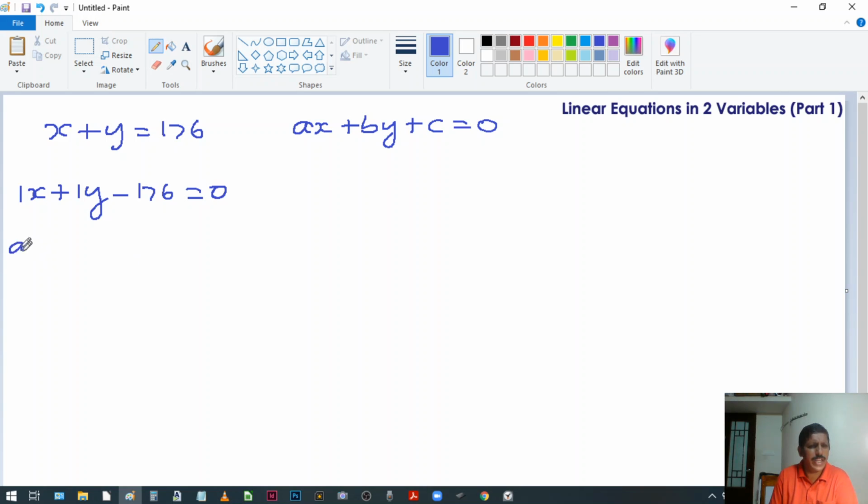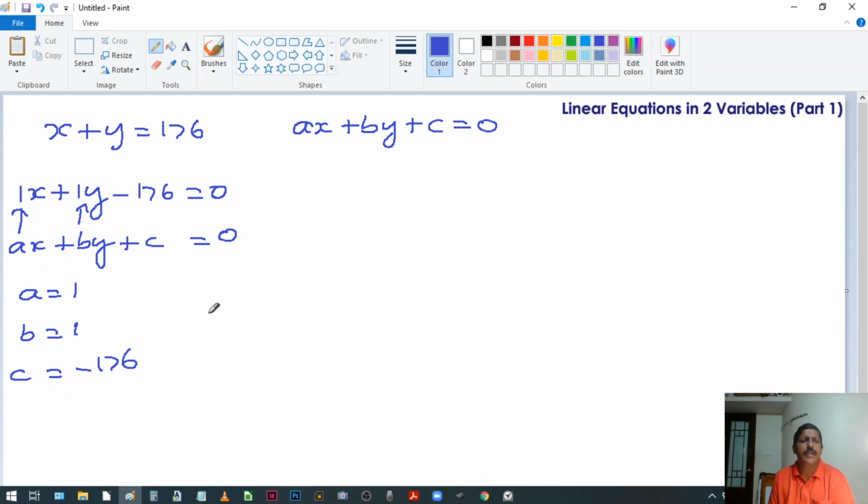Now if I say ax plus by plus c is equal to 0, what is the value of a? a is 1. b is how much? Also 1, that is the coefficient of y. Then what about c? c is minus 176.